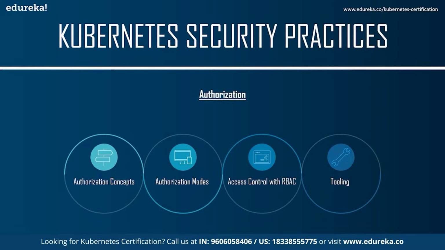So I will discuss the authorization flow as we did for the authentication flow. Firstly, the client's request is authenticated. Secondly, if the authentication was successful, the credentials are taken as one input of the authorization module. Thirdly, the second input to the authorization module is a vector containing the request path, resource, verb, and namespace.